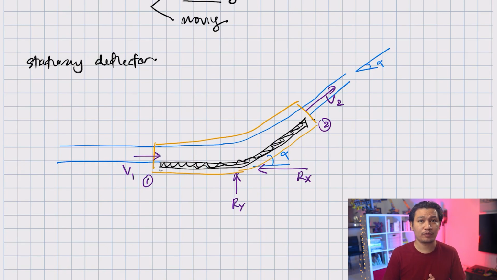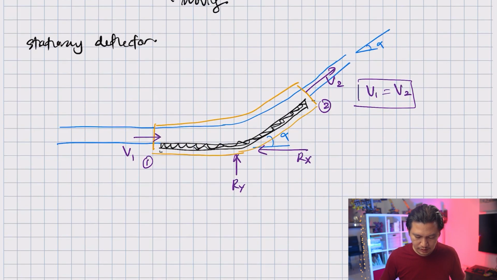One very important assumption that we make when we analyze a simple deflector like this is that we always assume that V1 equals V2. Of course, in real life this does not happen. V2 will be slightly less than V1, but for the sake of simplicity, we can assume this at the moment.